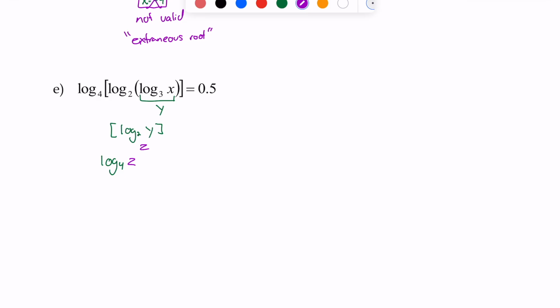And this z right here cannot be a negative number. So if we think about where that z came from, you almost have to go back up the chain. Okay, well, the z came from this operation here, and that operation there came from the inside here.